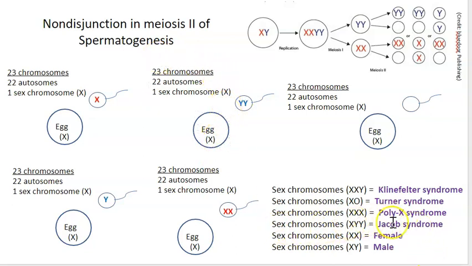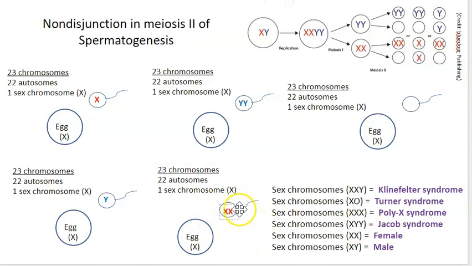And you can see I listed that right here. So XYY is a condition called Jacob syndrome. Individuals with that genetic makeup are generally what we consider sort of normal male. They might be above average in height, and sometimes they have severe acne that accompanies this.